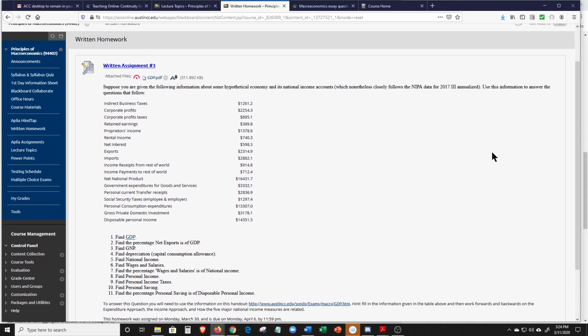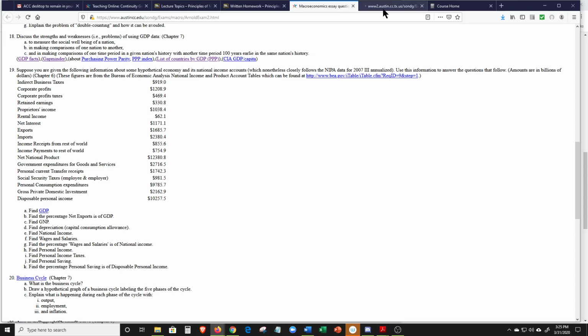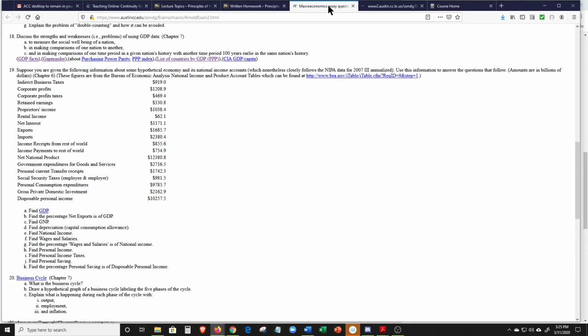Good. So back to number 19. Basically, I think we're going to find this handout. Let's open it up. Open in a new link, GDP. It still isn't loading. Come on. Oh, I'm not sure why that's not loading. Oops, there it is, I think. Nope.